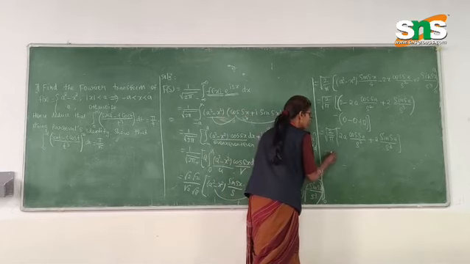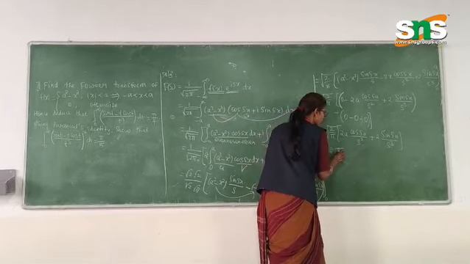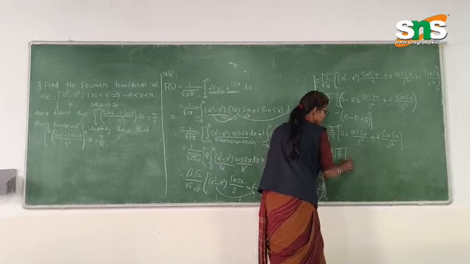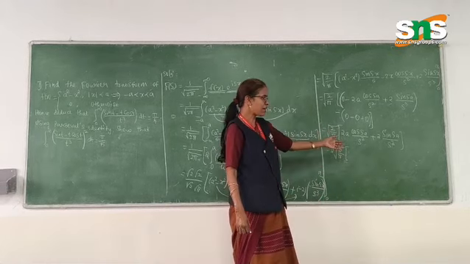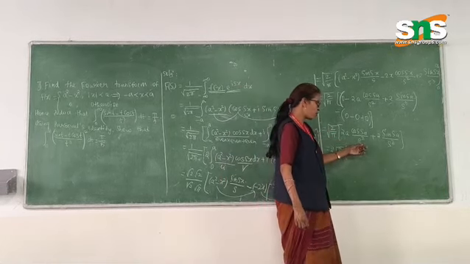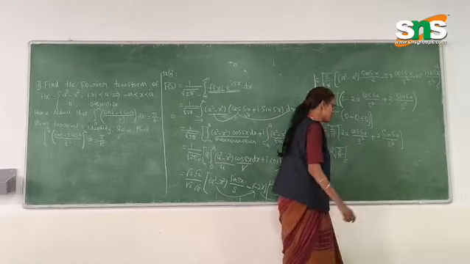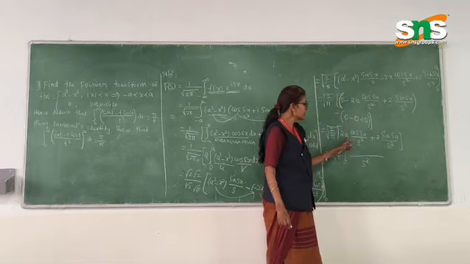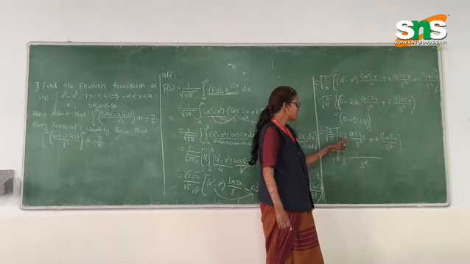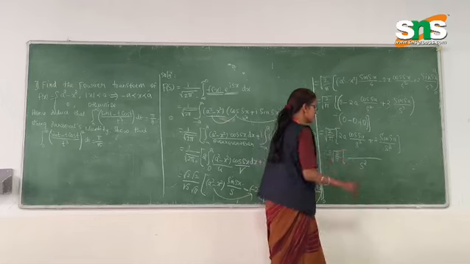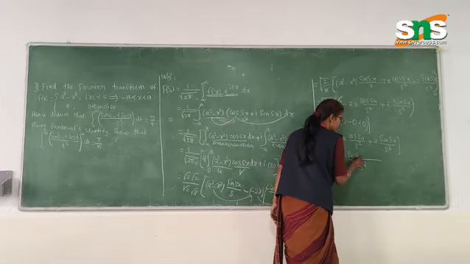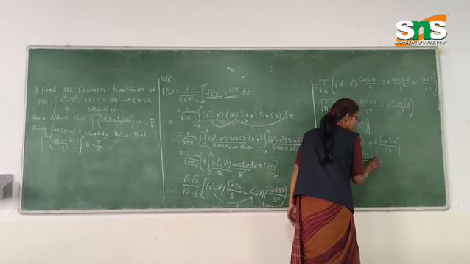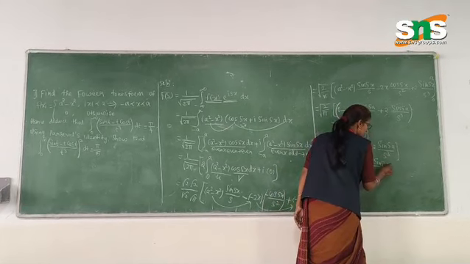So 2 is common, so square root of 2 by pi. Take the LCM as s cube. We already have s square and s cube, so take the higher power, which is s cube. That means multiply one s here in the numerator also, so we get s a cos sa plus sin sa.